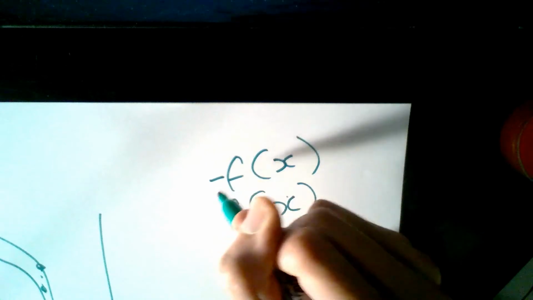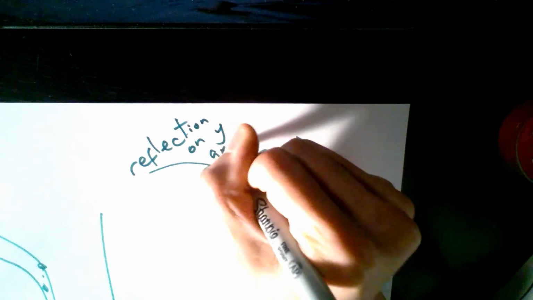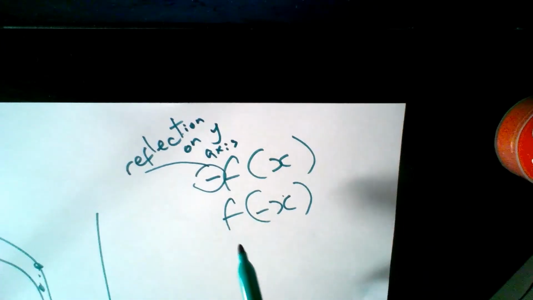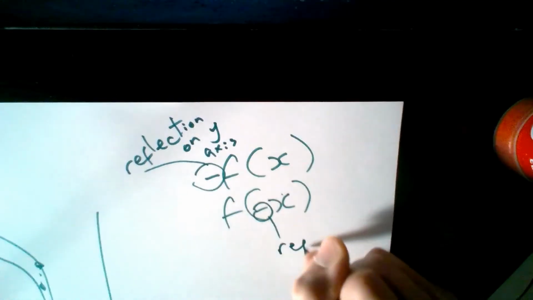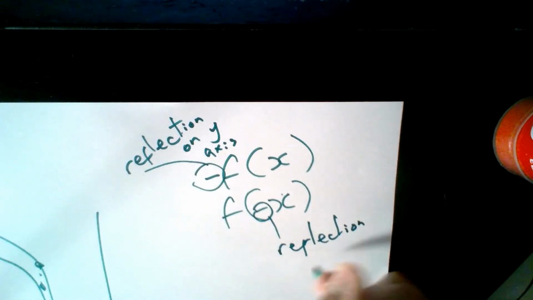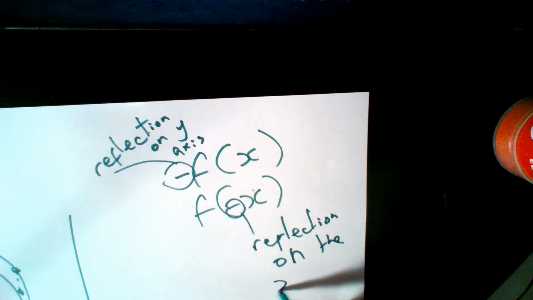So when there's a negative outside the brackets, it's just negative f. It's a reflection on the x-axis. Okay? And when f of negative x, it's just a reflection on the y-axis.